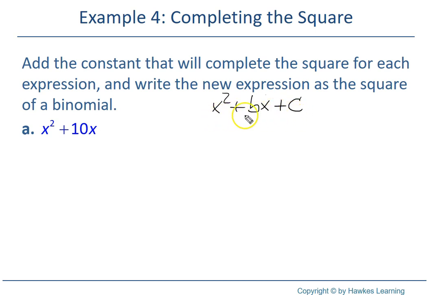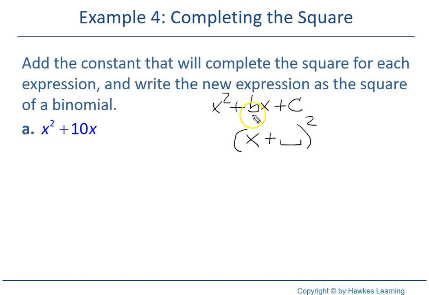We would like this expression to become something that looks like this: x plus something here, that when we square it will become a perfect square trinomial that we will be able to factor into a binomial that we would square.